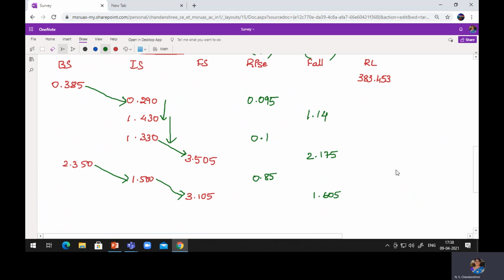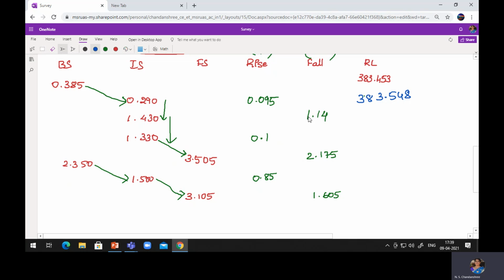We can calculate the RL of these points by this method. So we know the RL of this point. These columns indicate that the next point is 0.095 meters higher than the previous RL. So the RL of the second point will be 383.453 plus 0.095. So this RL would be 383.548.